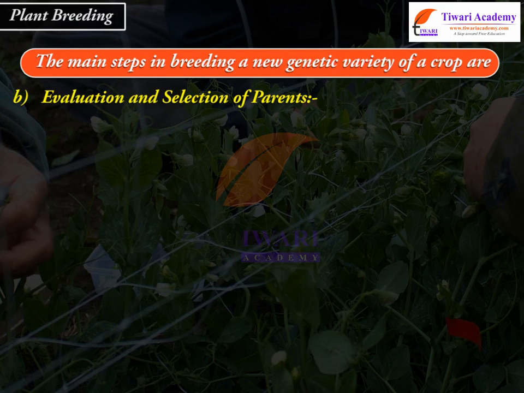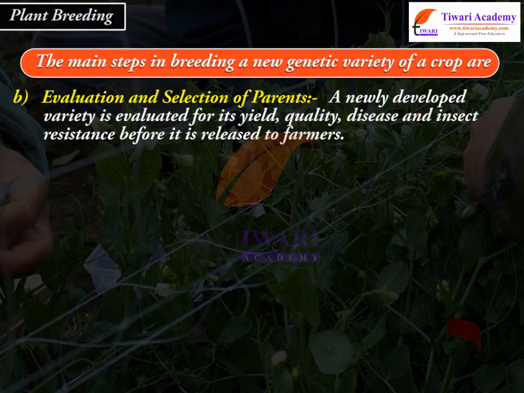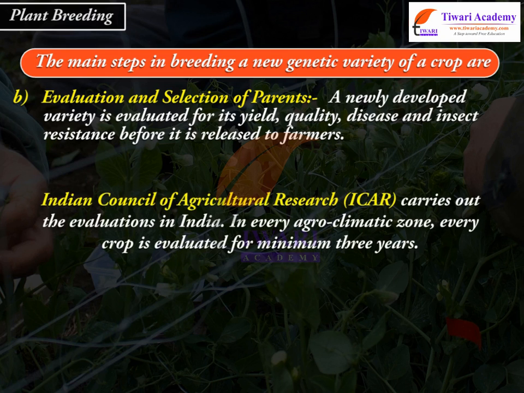B. Evaluation and selection of parents. A newly developed variety is evaluated for its yield, quality, disease, and insect resistance before it is released to farmers. The Indian Council of Agricultural Research (ICAR) carries out the evaluations in India.